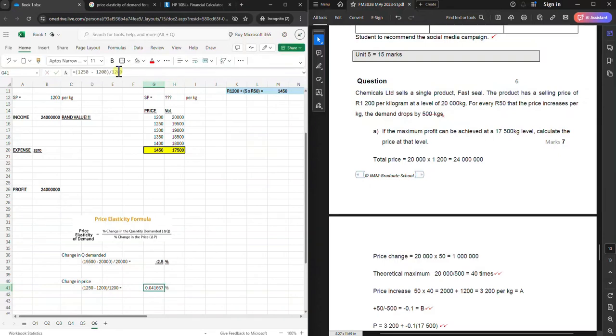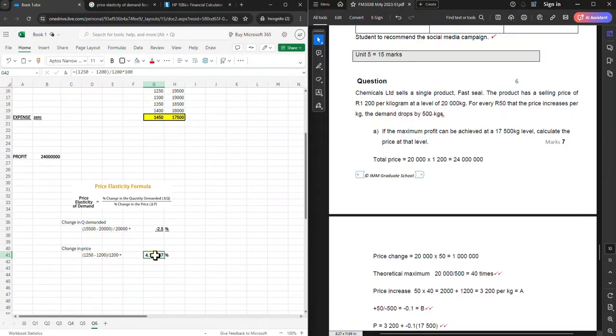And then you do negative 2.5 over 0.0417. Or 2.5 over 4.17. This divided by that. So PED is going to be this divided by that.